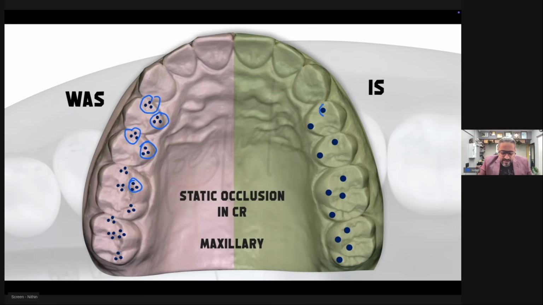Today we are saying every cusp should only have one point of contact. Now tell me, is occlusion still difficult? One point contact, two point contact is very, very easy. The dentistry that we used to follow at one point of time was far too complicated, because I had to get at least three points of contact per cusp to get a stable occlusion.